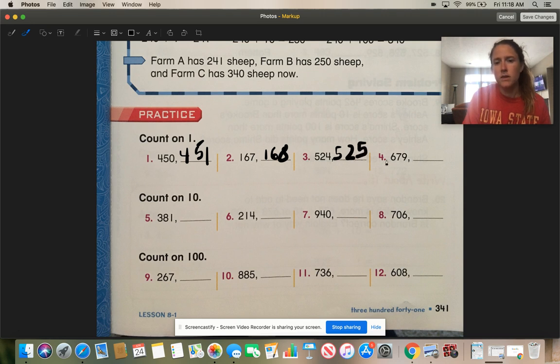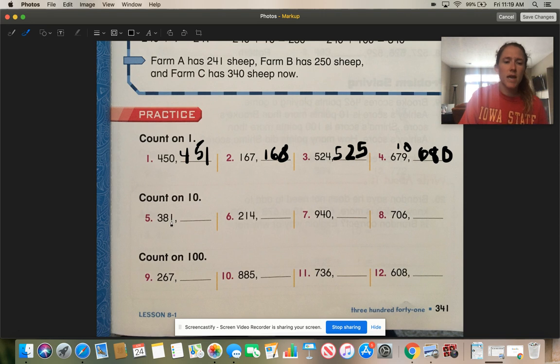And then 679 would be, okay, so I can't just put 1 more here. So that would be kind of when we carry. So we would add 1 here, but that becomes a 10. So this becomes 1 more, and then this becomes a 0. So it would be 680. Okay. Let's go on to the next one.